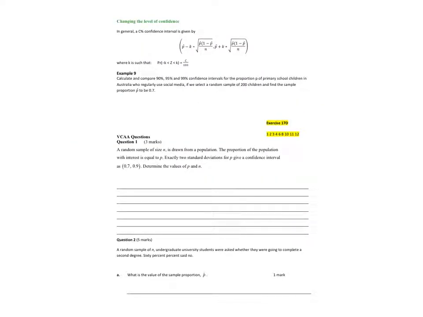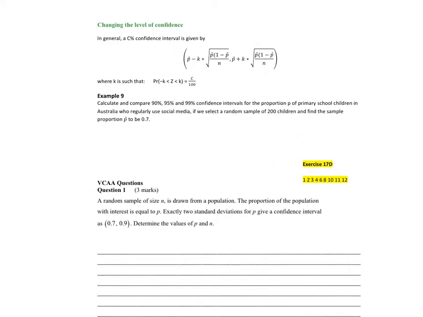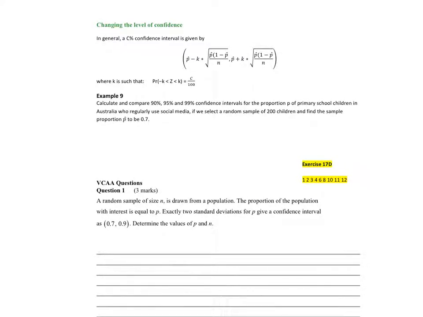Let's keep working through. The only thing you've got to be aware of is that we may need to change the confidence interval. We spoke about how in the formula that we've been using, this K value has up to now been just 1.96. The reason it's 1.96 is that if I do the inverse norm of 0.95 on a 0,1 distribution, that's approximately 1.96. Actually, I tell a lie.